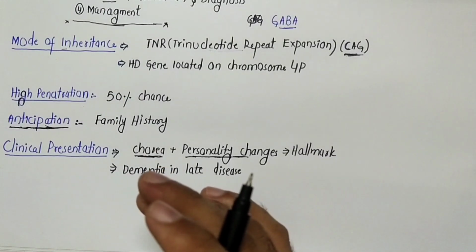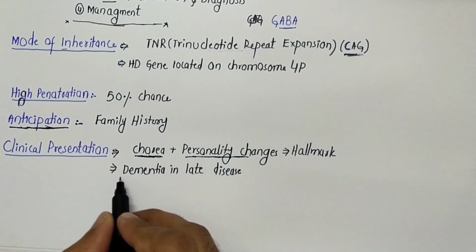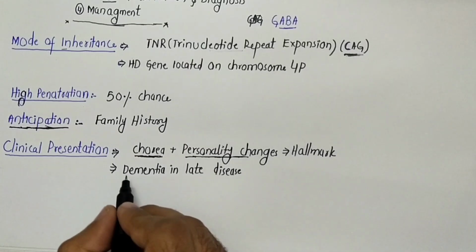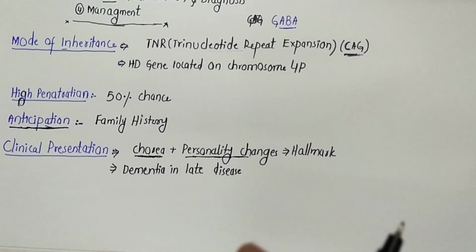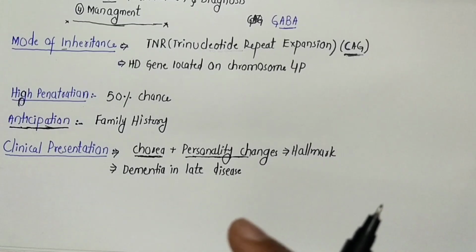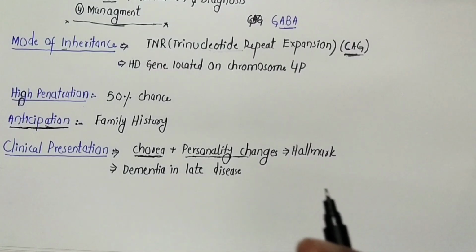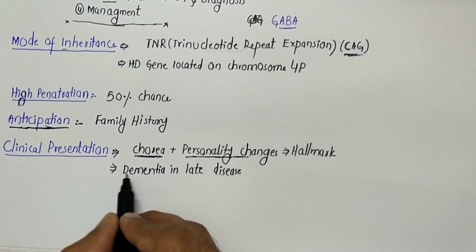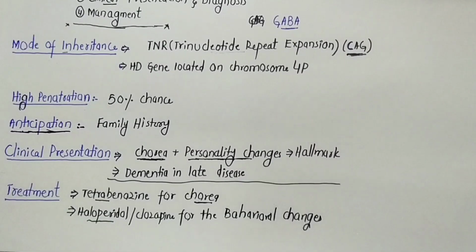The memory remains intact, but late in the course of the disease, the memory problems become pronounced and dementia occurs. This is really important. From here we say that Huntington disease is primarily a movement disorder, because dementia is a feature of late disease only.